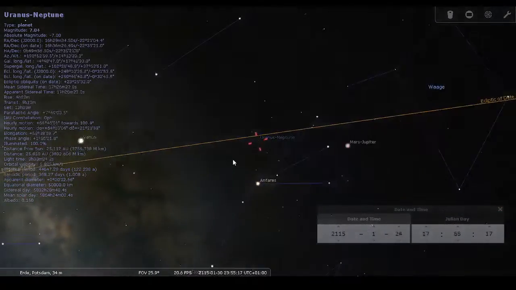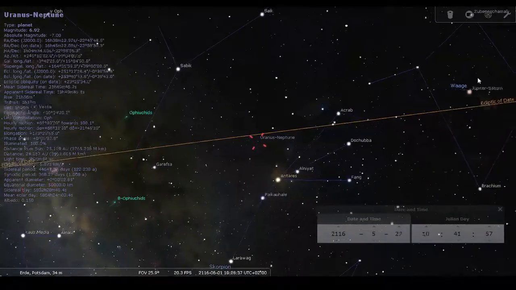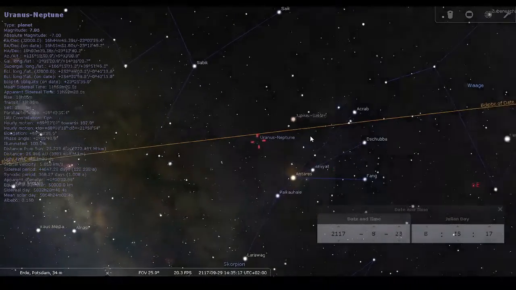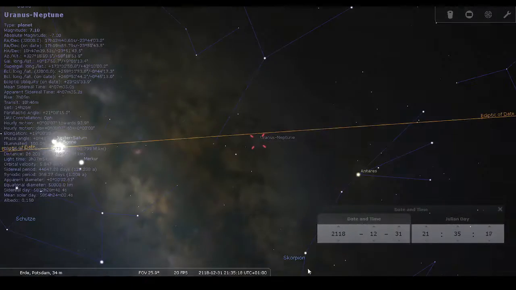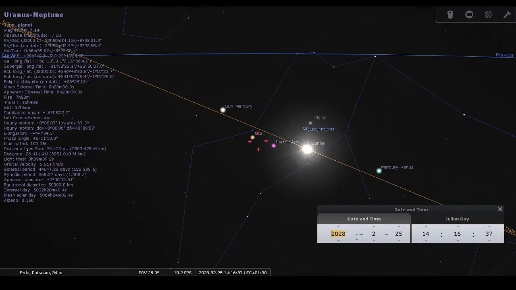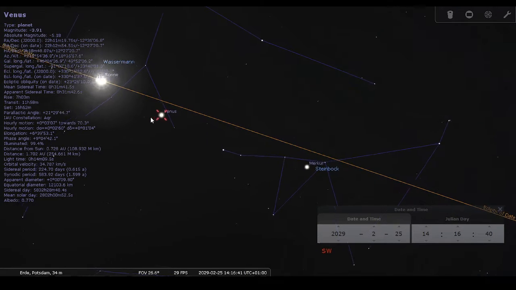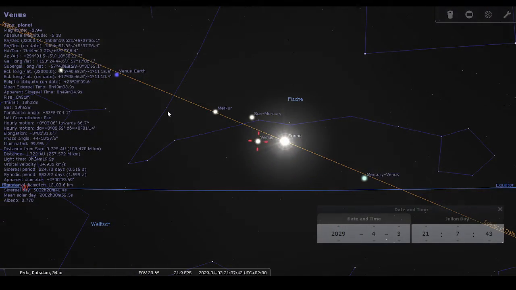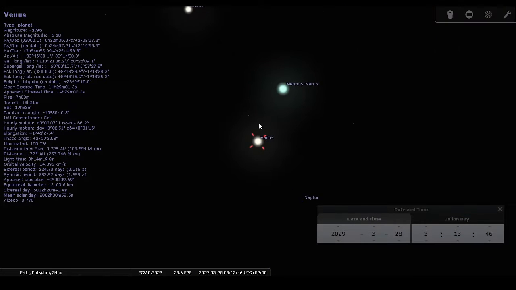You can see Uranus and Neptune are rather slow compared to the other planets, and here Jupiter, Saturn, and the moon are passing very often. There are also times when two planets get very close to each other. Maybe I can see a conjunction here.